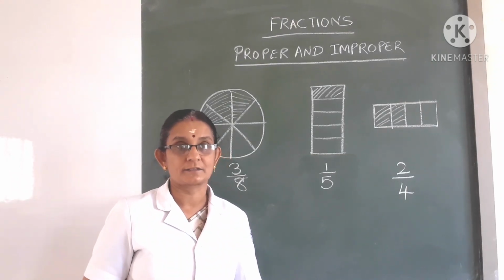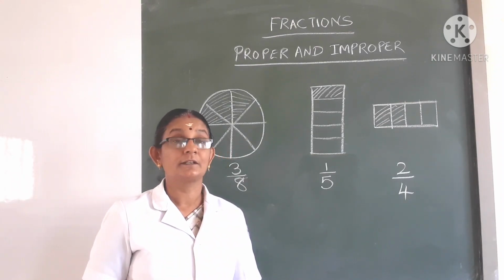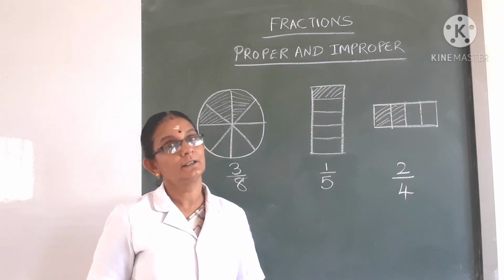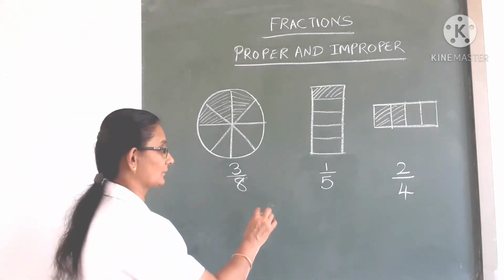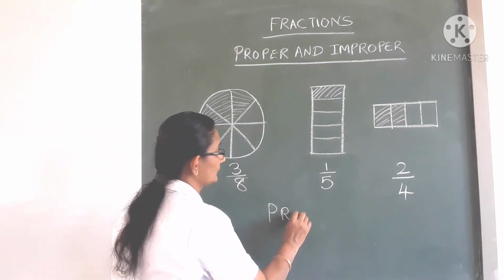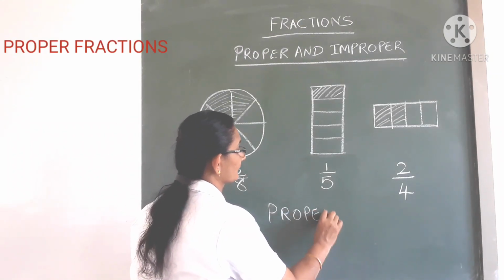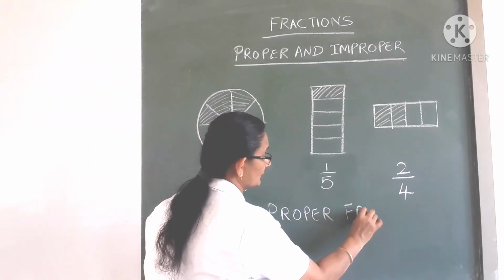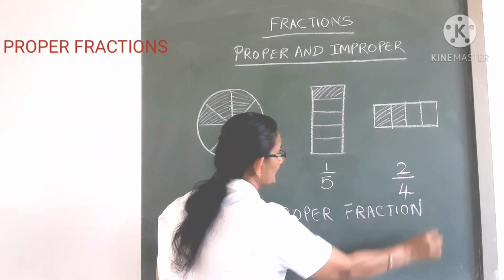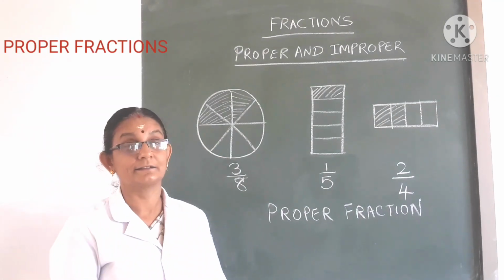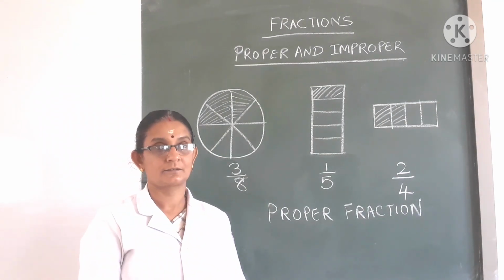So such fractions in which the numerator is smaller than the denominator are called proper fractions. So a proper fraction is a fraction in which the numerator is less than the denominator.